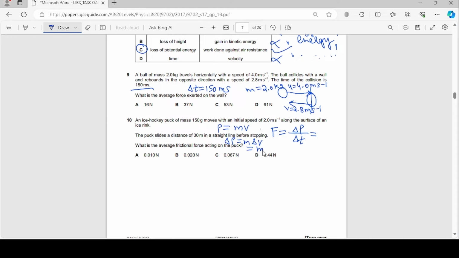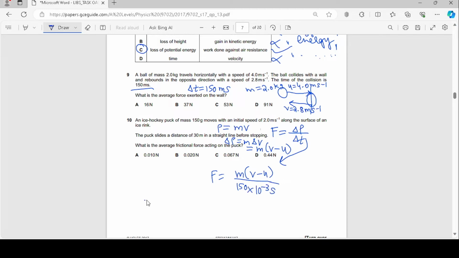That is going to be mass times the final velocity minus the initial velocity, which I've denoted here. And I've already written that delta t is 150 milliseconds. So then F is going to be equal to m(v minus u) over delta t, which is actually 150 milliseconds. So 150 times 10 to the power of minus 3 seconds.